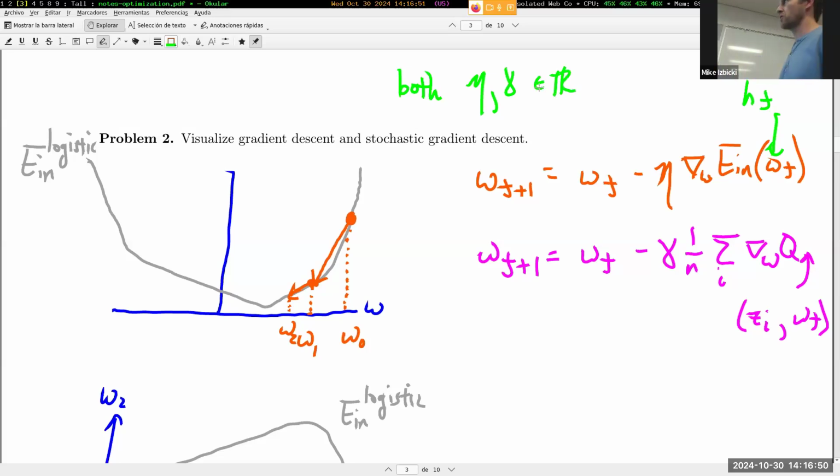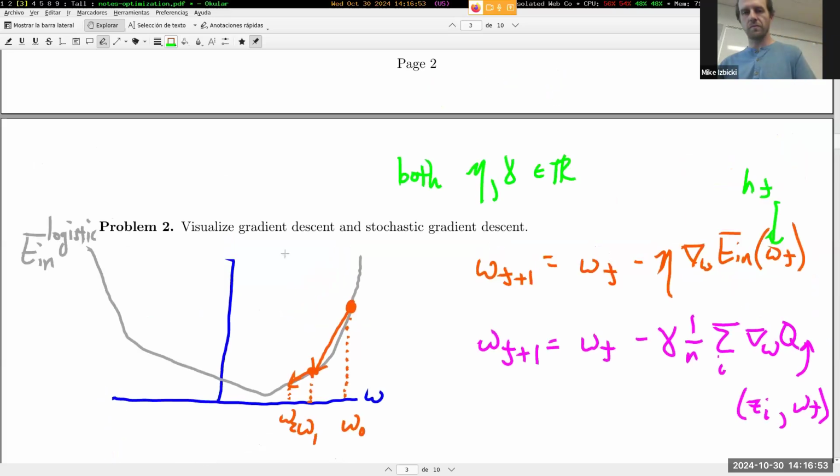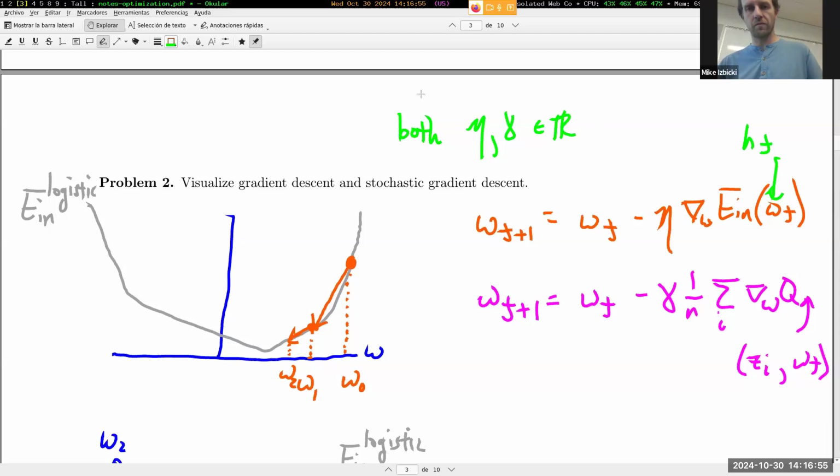And these are hyperparameters chosen by the user. So I'll just write hyper right here to indicate it's a hyperparameter, which again means it's something that is chosen by the user, in the same way that alpha was a hyperparameter for the PageRank power method.